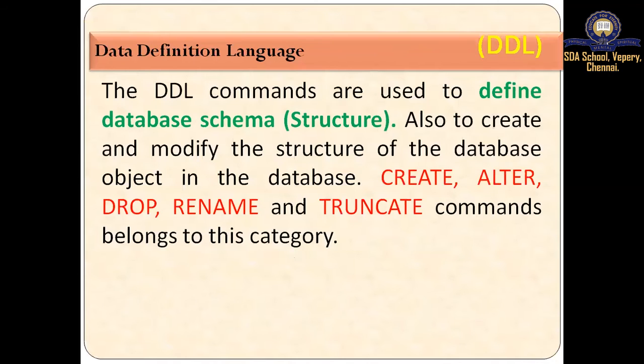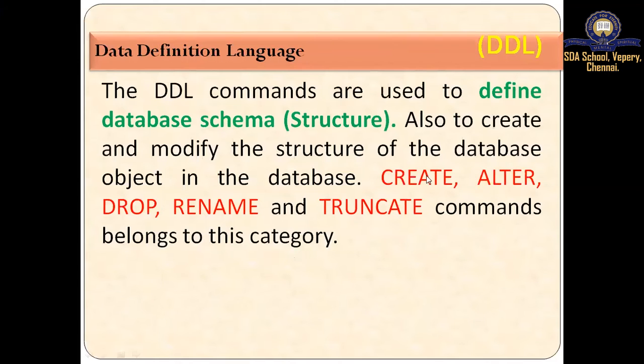First, we will see what is Data Definition Language in SQL. We use DDL commands in SQL for defining the database schema. Schema is a word which represents a structure. If you create a table, it has a structure.